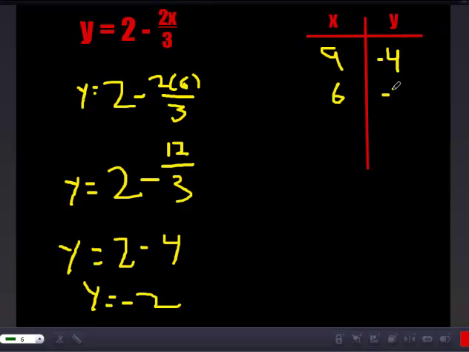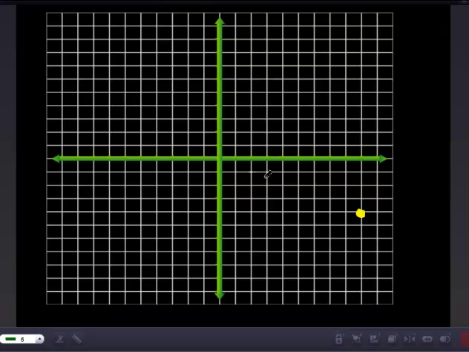So 6, negative 2 would be another possible solution. So I count over 1, 2, 3, 4, 5, 6, down 2. And if I take these and connect them with a line, and I'm a little bit off there, but anywhere they met would end up giving me an answer.